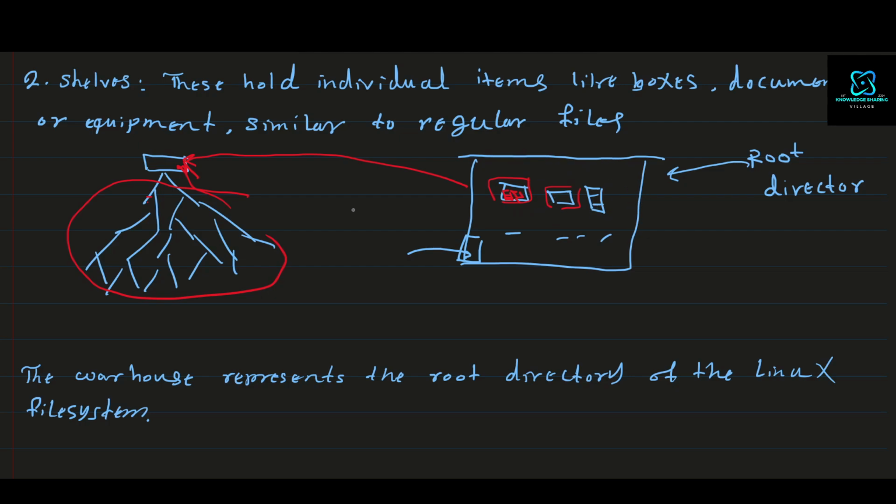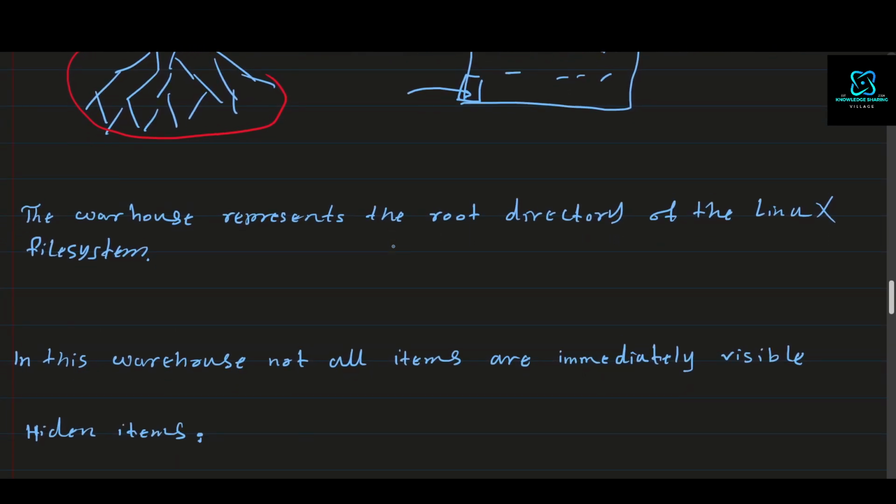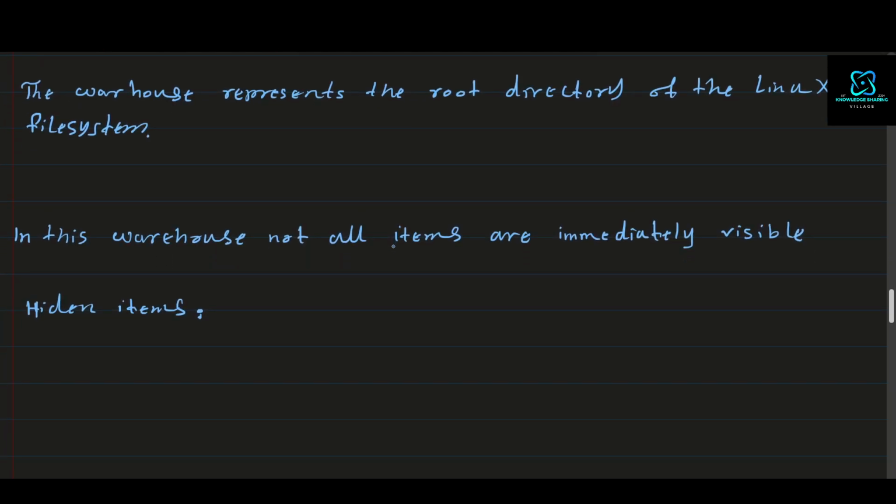You cannot see them. It is the same with resources in the Linux file system. When you open a directory, you can't see everything at first glance. So here we have categorized this as hidden items.